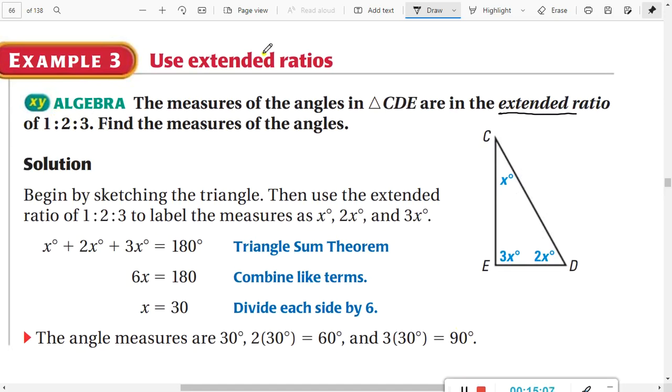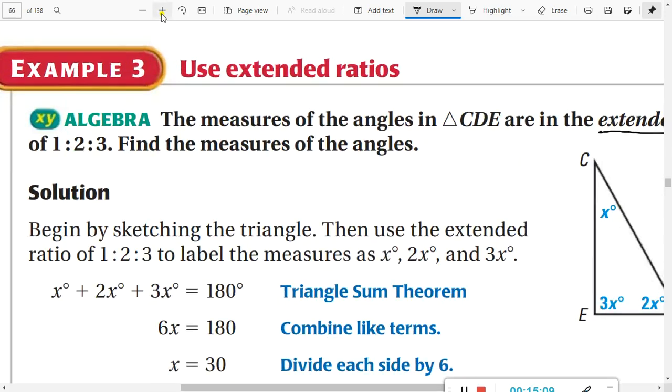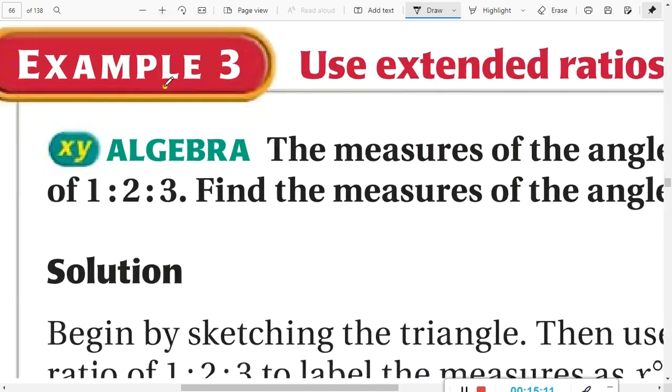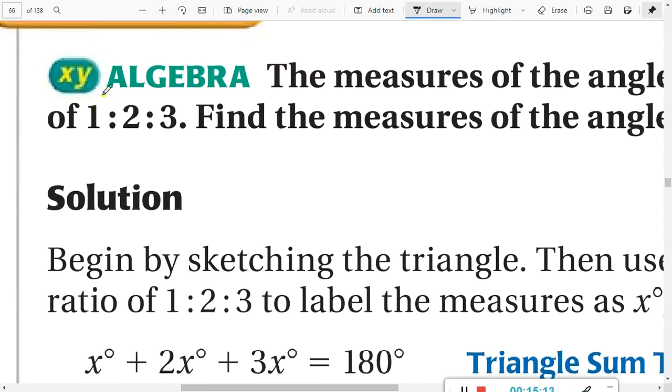Just like we said before, you can multiply each of these terms by x and it won't change the ratio. So we can make this ratio 1x to 2x to 3x, and it's still the same thing.